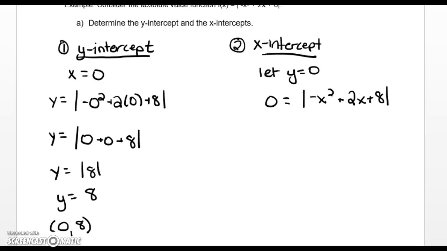And just like we were talking about in our last video, when you set the left side of the equation equal to 0, you're taking the absolute value of whatever this function is, so we should be making this equal to 0. So the absolute value of 0 is just 0, so we can actually remove these absolute value symbols.